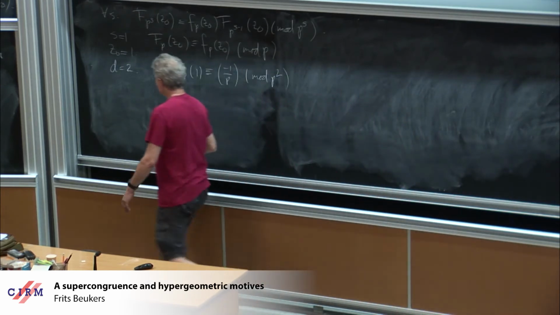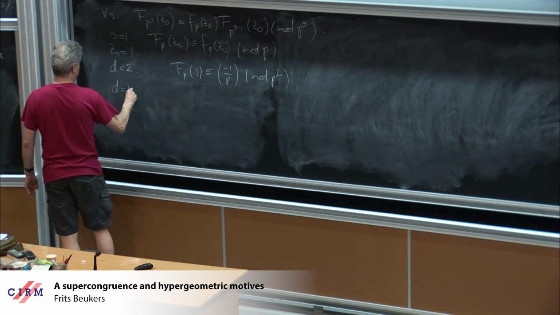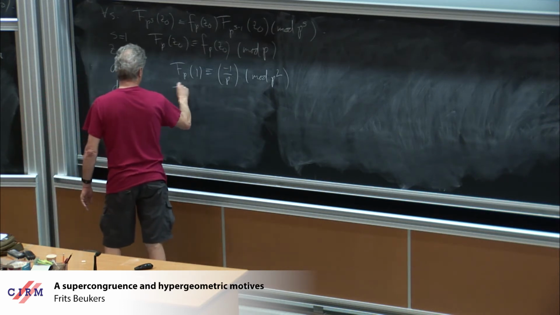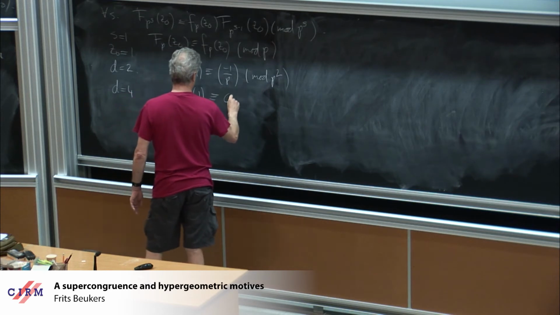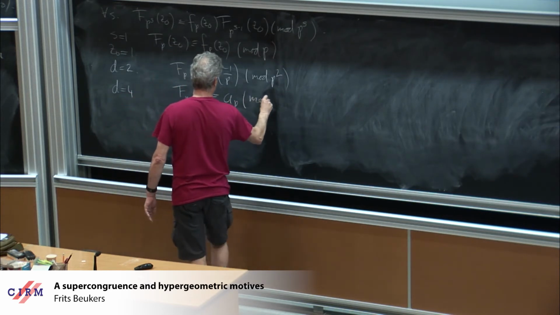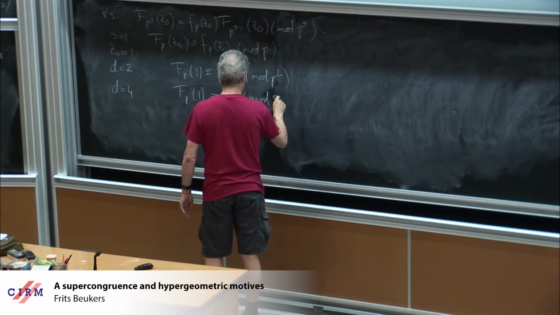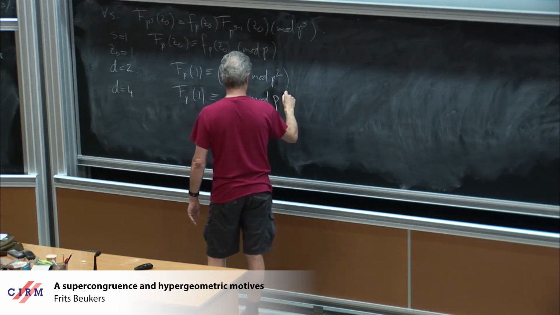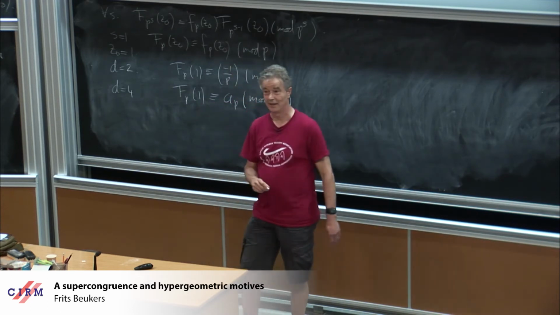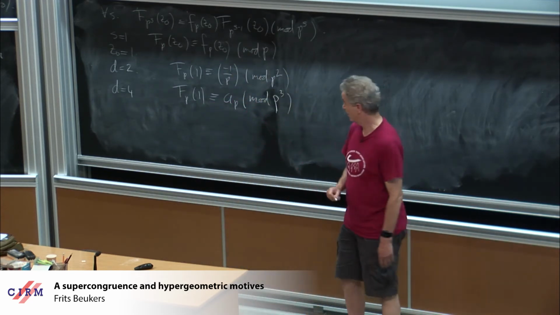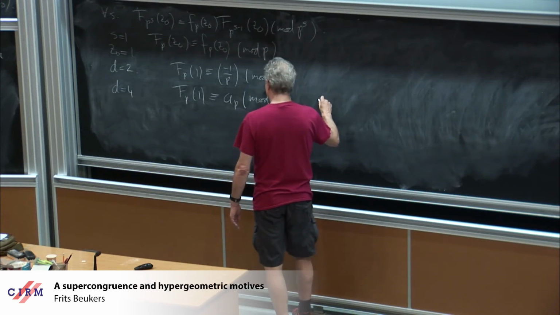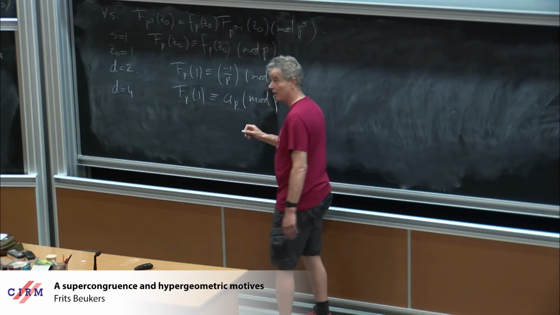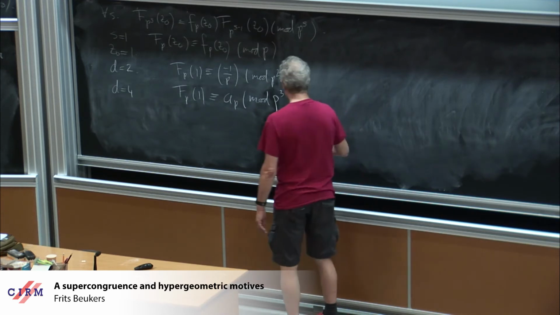Now let me give another example. D is 4, and there we have the following congruence that fp1 is equal to AP. Again, we have a supercongruence, and we have a cube here. Well, it's not very meaningful unless I say what AP is. So AP is basically the coefficient of a modular form, and the modular form is the following one.